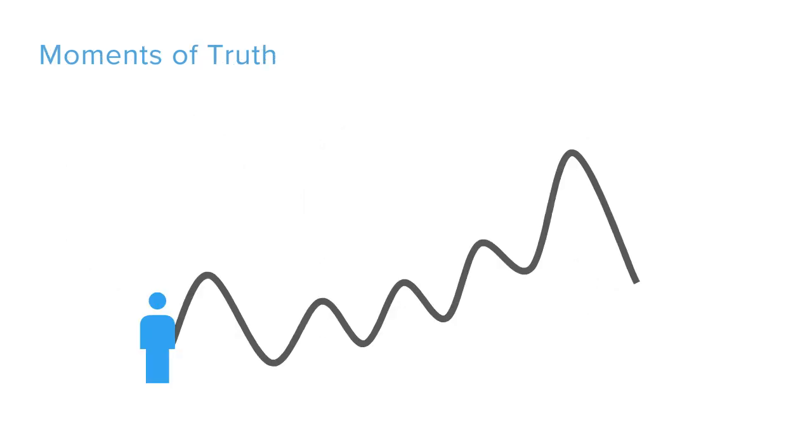Before I dive a little bit into how we connect the customer journey with the technology, I wanted to talk about what I like to define as the moments of truth. If we look at a customer journey, and how a customer interacts with a particular brand, it's almost like an ECG, right? Of what they're going through, different emotions.